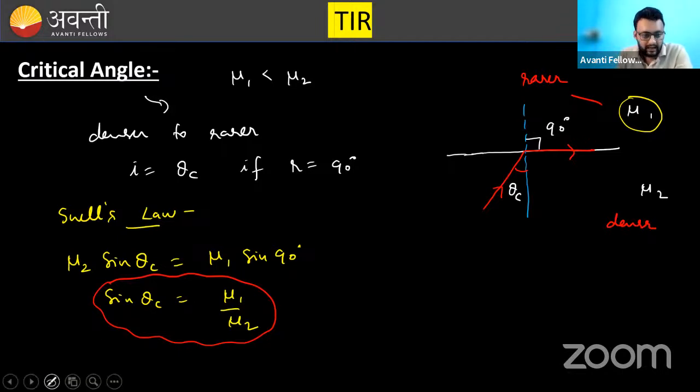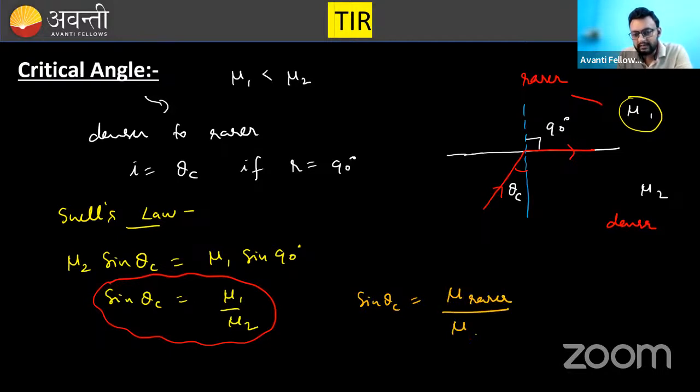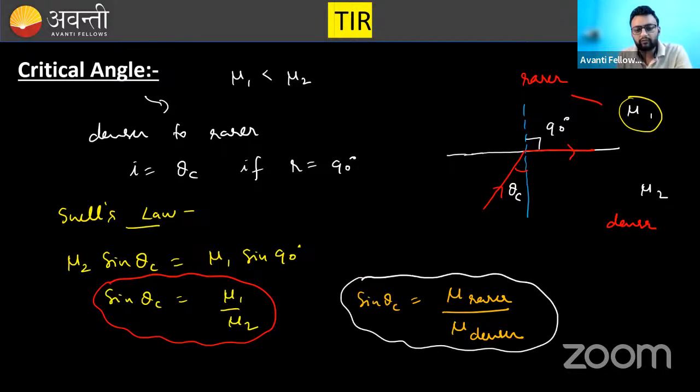So the way I recommend you remember this is: sine theta c is equal to mu of rarer medium divided by mu of denser medium. In this way, you can easily remember and will never forget where to put mu1 and where to put mu2. Sine theta c is equal to refractive index of rarer medium divided by refractive index of denser medium. Is everything clear in this scenario?